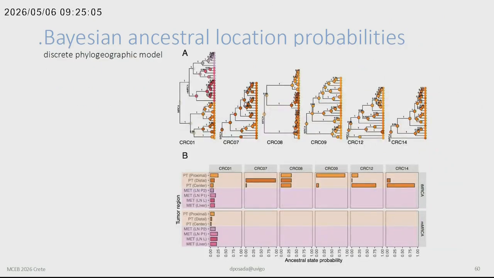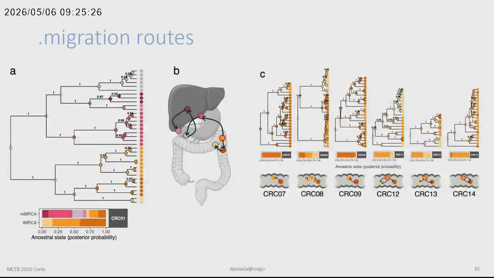We do apply here a discrete phylogeographic model, which is a Markov chain, remember, for the changes among locations. That's one of the standard models, but in a Bayesian setting, so it integrates over all the phylogenies, and basically we can estimate the posterior probabilities for the location of all the nodes, for all the patients. For patient 1, we got a very similar story to what we got before with the clones.